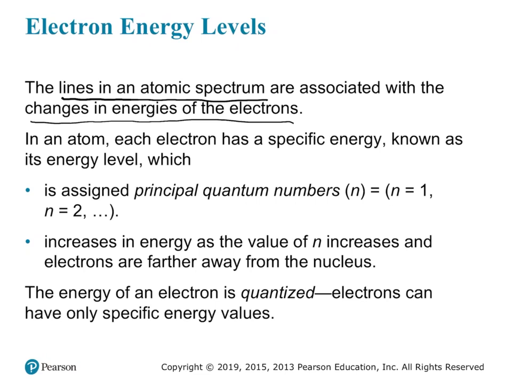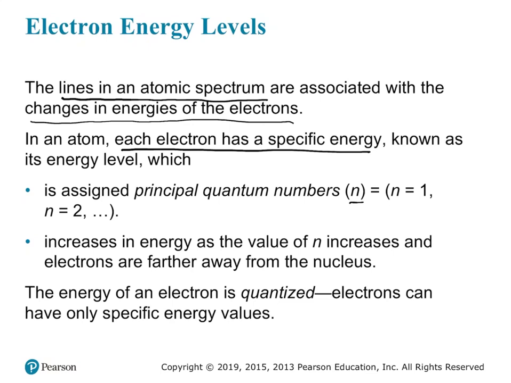So in an atom, each electron has a specific energy, and this is known as its energy level. That energy level is assigned something called a principal quantum number, and it's given the symbol n in quantum mechanics.